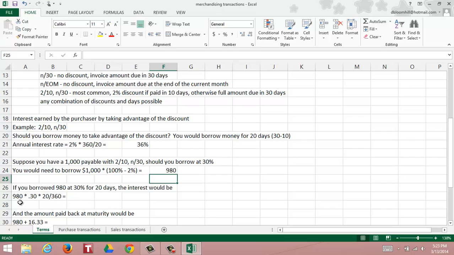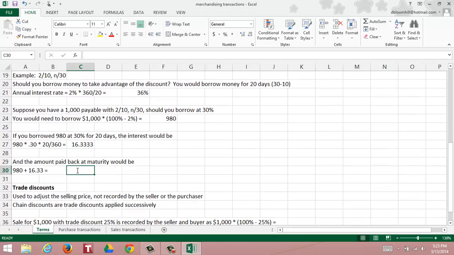So if you borrowed $980 at 30% for 20 days, using principal times rate times time, 980 times 30% multiplied by 20 divided by 360, the 20 days that you're borrowing, results in interest of $16.33.